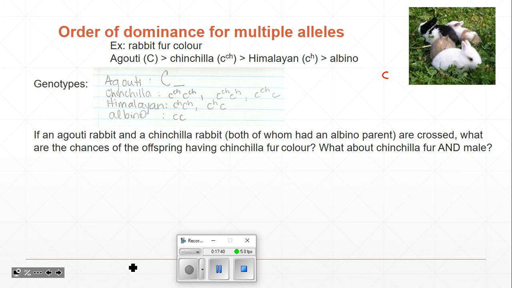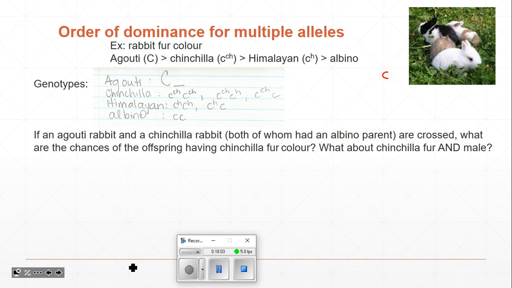So if I take that information for those alleles, I could figure out which genotypes would give me each fur color pattern. For example, agouti would be any genotype combination that had a capital C. It wouldn't matter what the second allele was, because the agouti allele is the most dominant out of the 4.